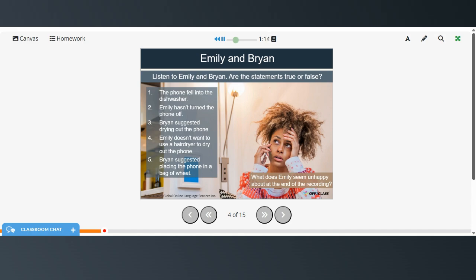Well, it slipped out of my hand and fell into the washing machine. Into the washing machine? How on earth did you manage that? Don't ask. Well, you've taken it out of the washing machine, right? Right. It was on when I rescued it, but I turned it off. Good. That was the right thing to do.